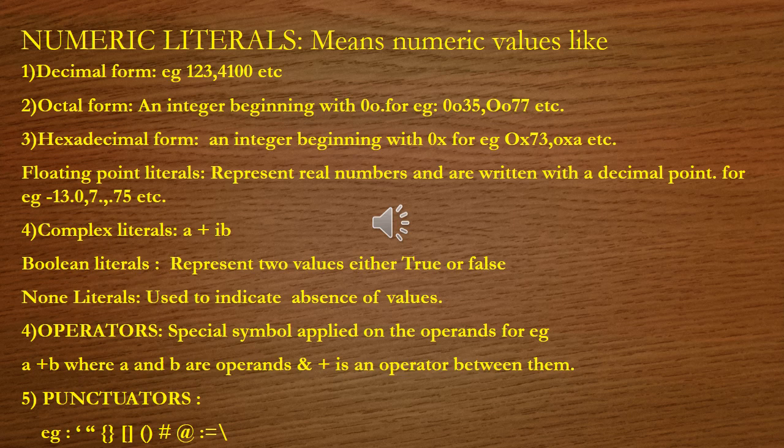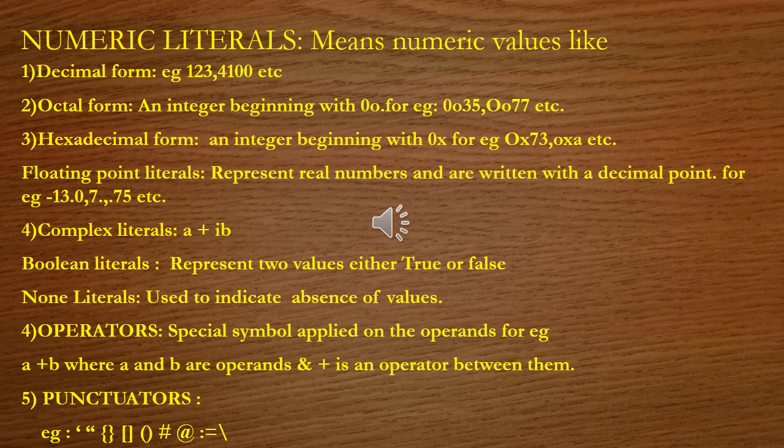The fourth token is operators, also one of the important tokens in Python. An operator is a special symbol applied on the operands, and symbols may be plus, minus, multiply, divide, remainder operations.